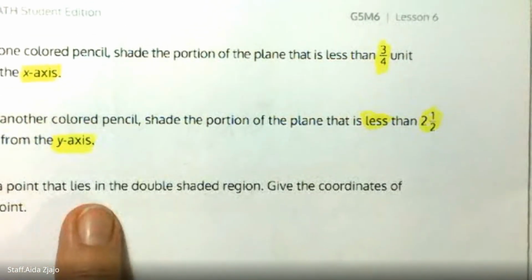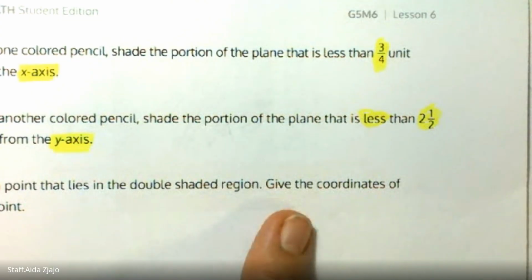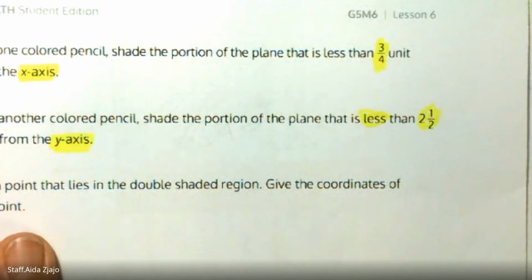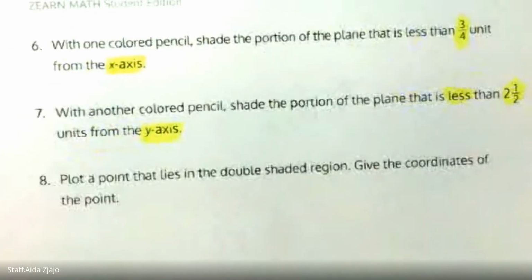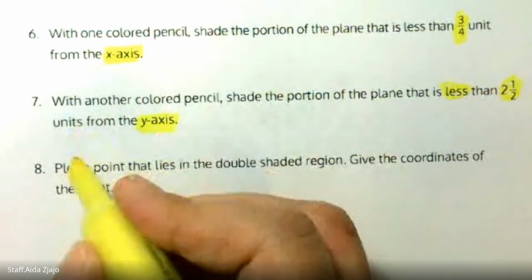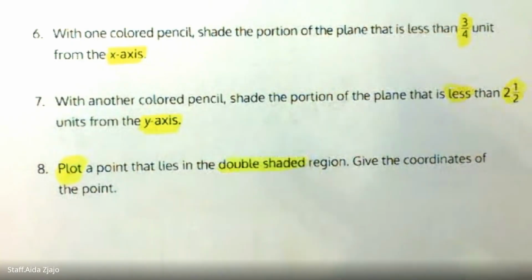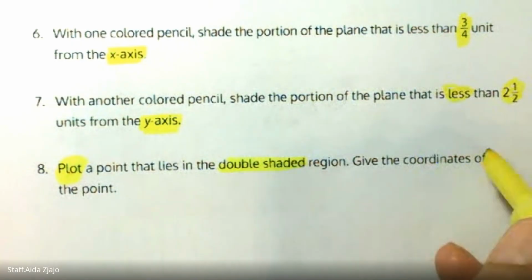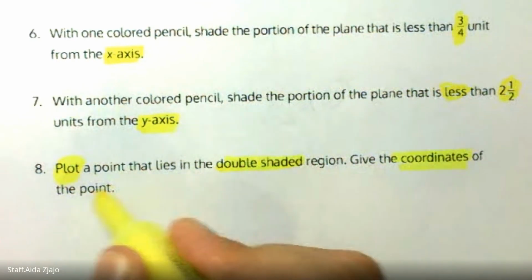Okay, let's see what they want us to do next. Plot a point that lies in the double shaded region. Give the coordinates of the point.